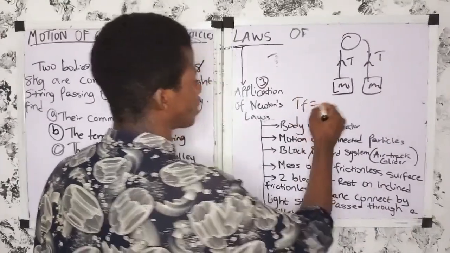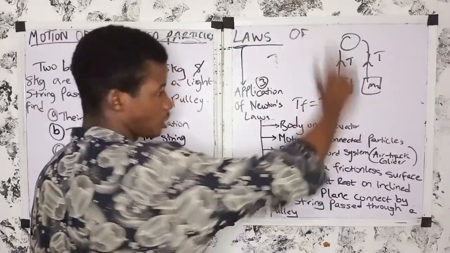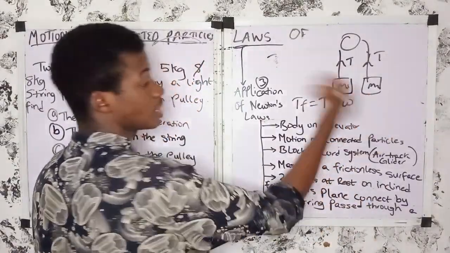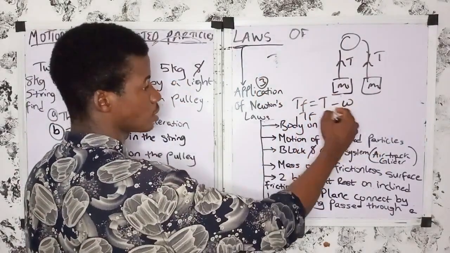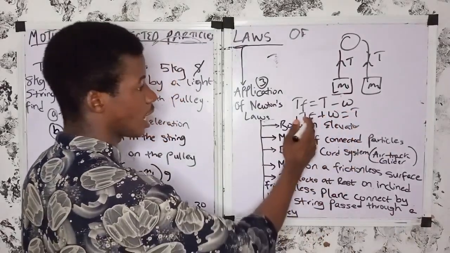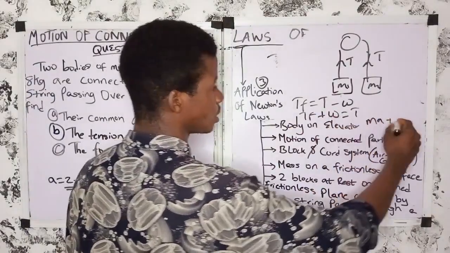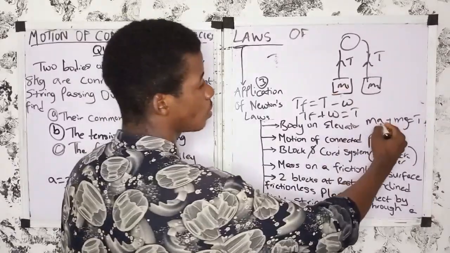The total force acting here is tension minus the weight. If you want to make tension stand alone, the weight comes over, so total force plus weight equals tension. Total force is MA, plus weight Mg, equals tension. Since we are using M1, I'll put 1 here.